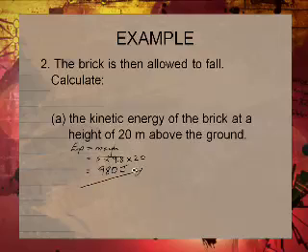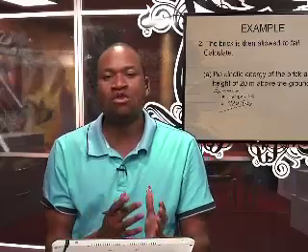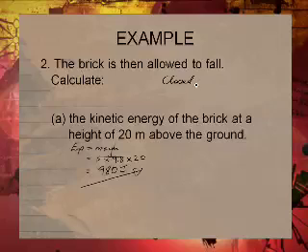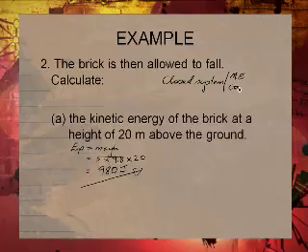Now, by virtue of looking at this system here, we will assume that this system is a closed system. If it is a closed system, what did we say about mechanical energy? It is conserved. What we know is that mechanical energy always equals EP plus EK.